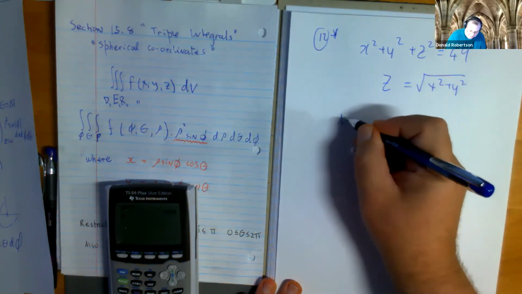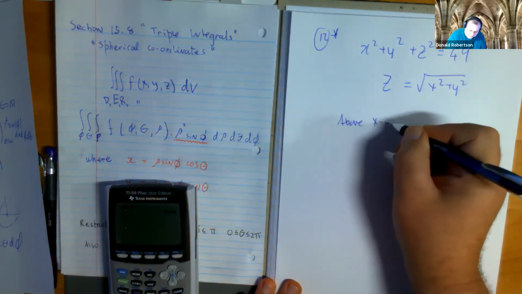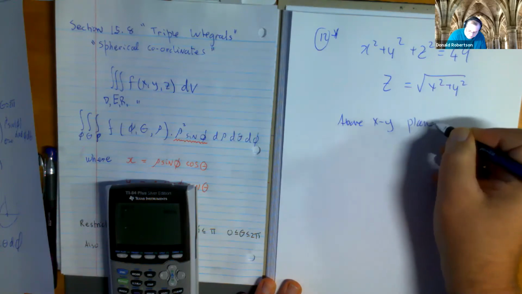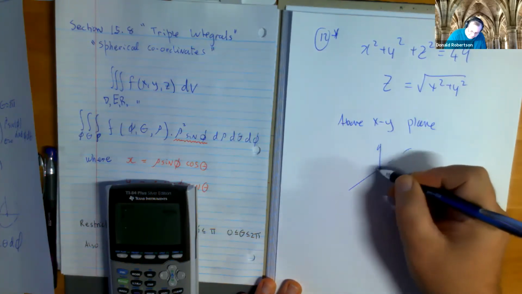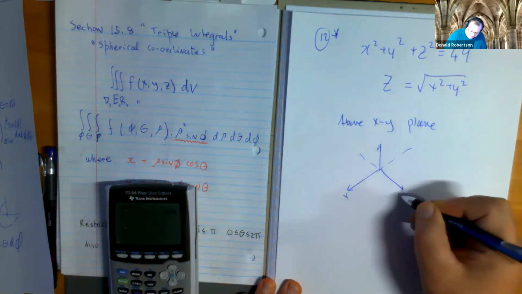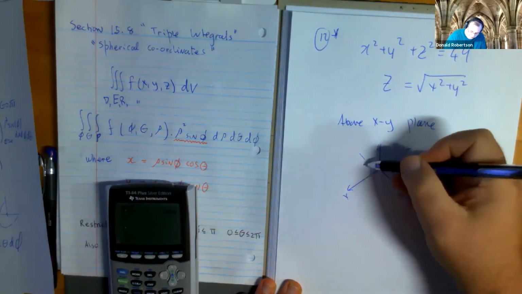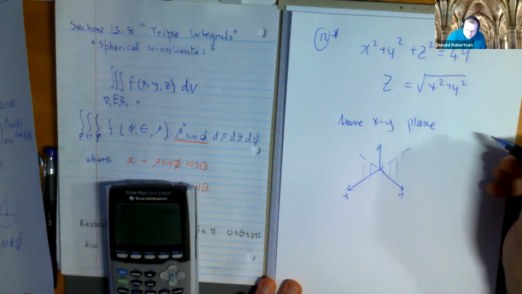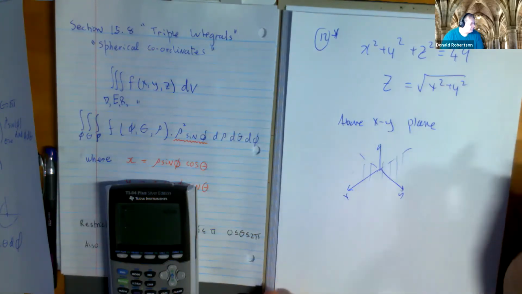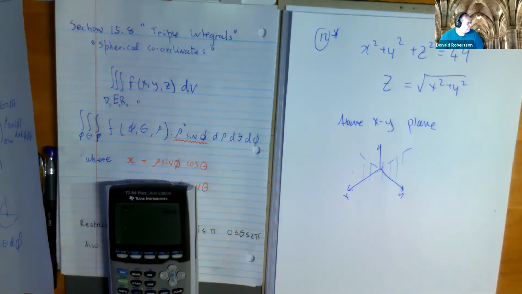It says it's above the XY plane. So if you imagine the XY plane, aren't we talking about the ground up? That will make a restriction, right? So far, so good.